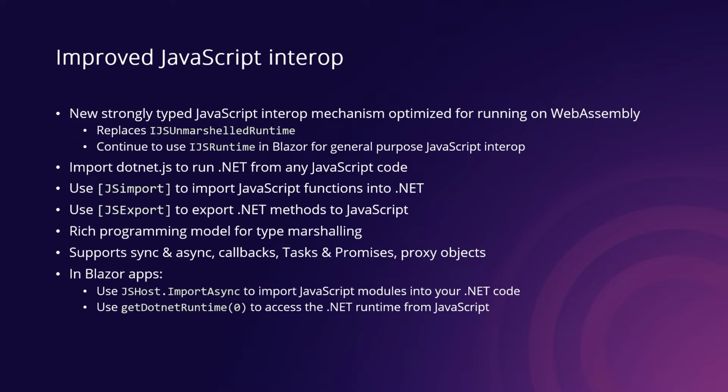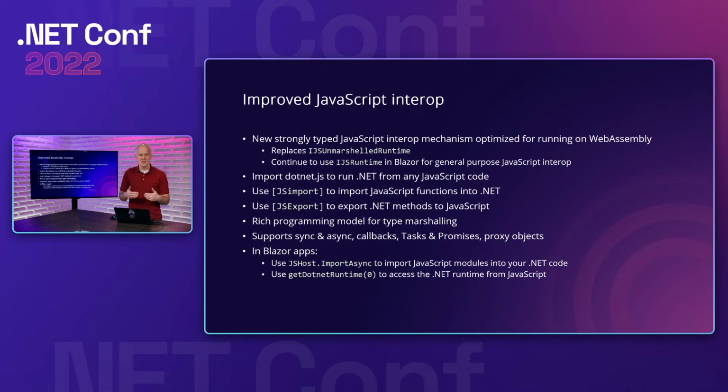Now, to use this mechanism with existing JavaScript-based apps, you can import the dotnet.js JavaScript module into your JavaScript code, it's now a proper ES6 module in .NET 7. You can then use the JSImport attribute on your .NET methods to import JavaScript functions so they can be called from .NET.